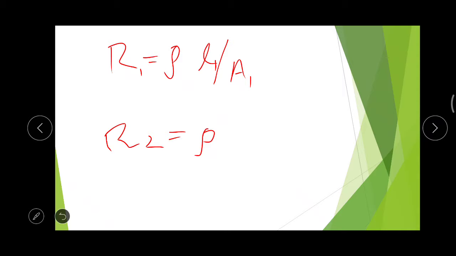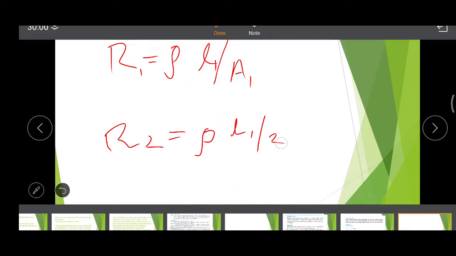Here it is given that the length of the second wire is half of the first one, that is L2 is equal to L1 divided by 2.